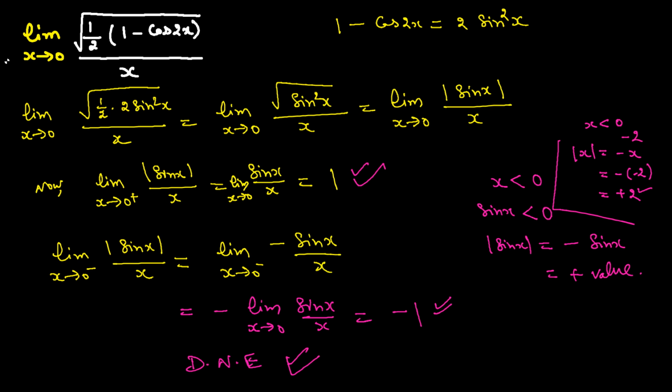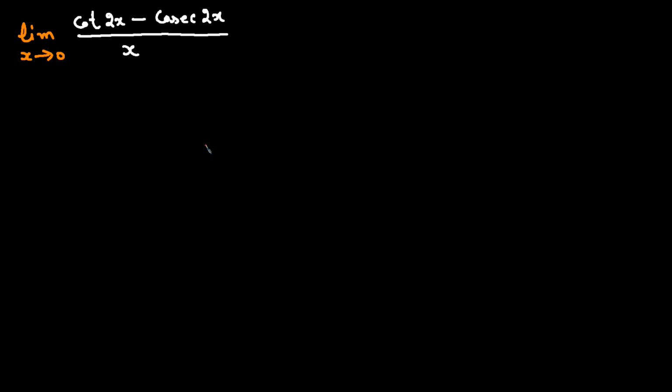All right, let's do a couple more. So this one is the limit as x approaches 0 of cotangent 2x minus cosecant 2x over x. First of all, I'm going to make it simpler. Cotangent 2x can be written as cos of 2x over sine of 2x, and cosecant 2x can be written as 1 over sine of 2x.